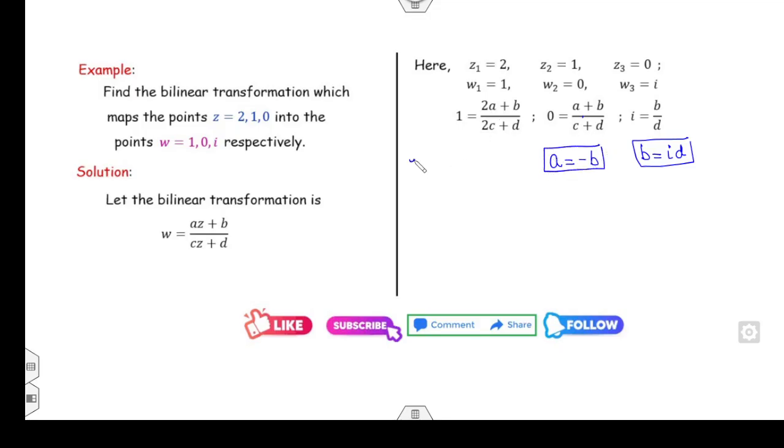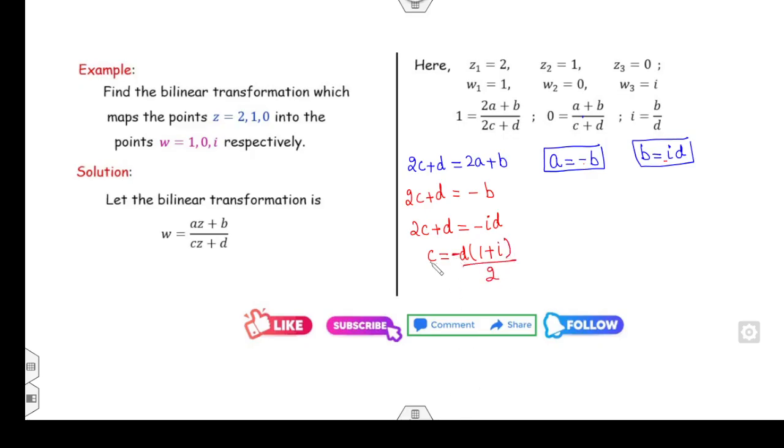From this equation you can see 2C plus D is equal to 2A plus B. Now you can substitute A is equal to minus B, so the right hand side becomes minus B. I can substitute the value of B is iota D. So I can find the value of C is minus D is common, (1 plus iota) divided by 2.